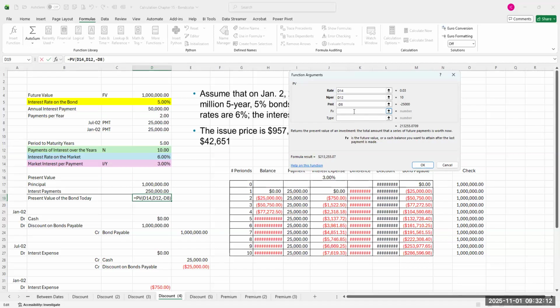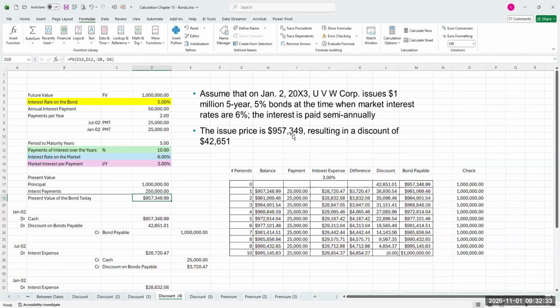The last thing it asks is the face value, or future value, that you have to pay at the end of the life of the bonds, and that's $1 million. Since we have to pay it, we put it negative. When we plug in those numbers and click OK, it gives us a number which is 1 cent different from this number.